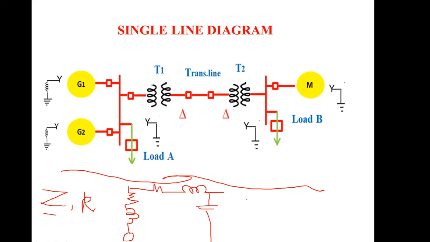Suppose my transmission line is here, just drawing like this. This will be split into generator 1 and generator 2, so the current will flow, and here my transmission line will be there, and similarly my transformer 2, and again the motors.